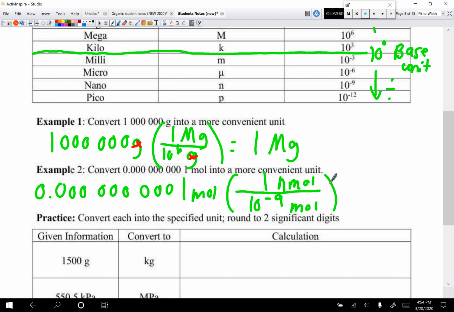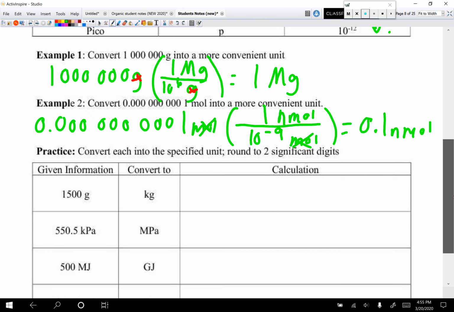So our units of moles will cancel out. We're going to be left with nanomole, and we get 0.1 nanomole. Of course you can do this in a bunch of other ways, but the big thing is making sure you use your conversion factors correctly. Another way to realize it is, as you go down one step or another, you just divide by 1,000 and keep going, or go up.